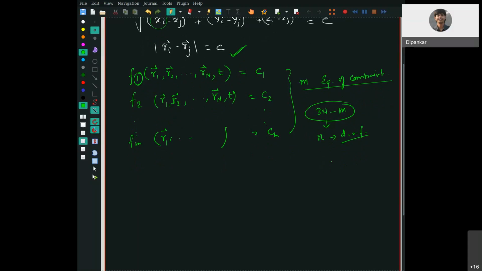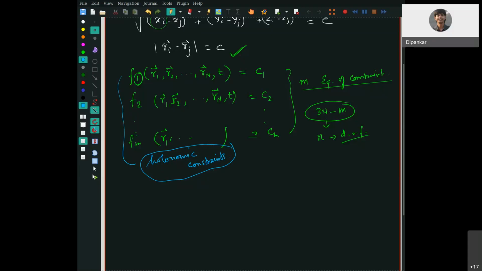There are many types of constraints anyway, but this particular set, when it can be expressed as these kinds of equalities, is usually called holonomic constraints, and in our course we will particularly focus on this. So whenever I say constraint, I implicitly imply holonomic constraint.